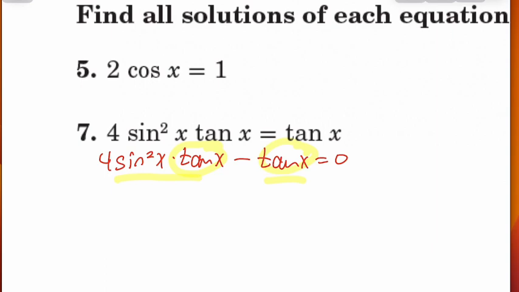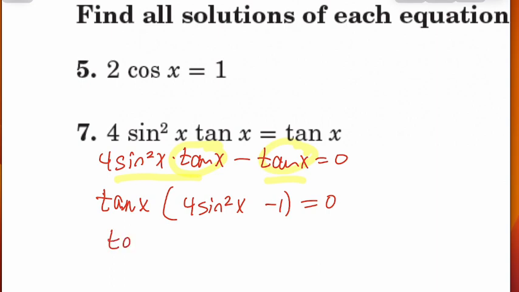Now, if you use variables for this one, you would have to use like u and w or u and z or something like that because there's 2 things in there. So if you leave those trig functions in there, it would be the tangent of x times 4 sine squared of x minus 1 equals 0. So you can do it like that and then split it up.